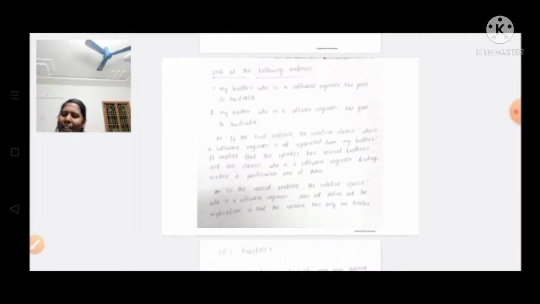In the second sentence, the relative clause, who is a software engineer, does not define, and the implication is that the speaker has only one brother.